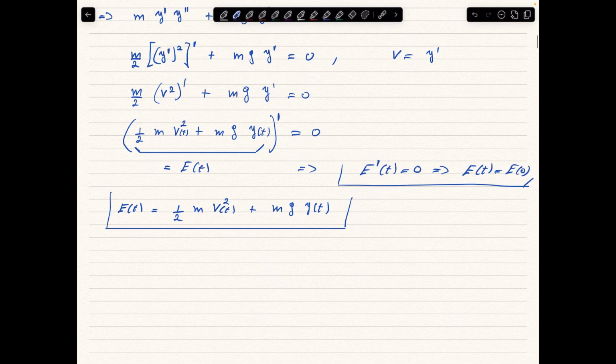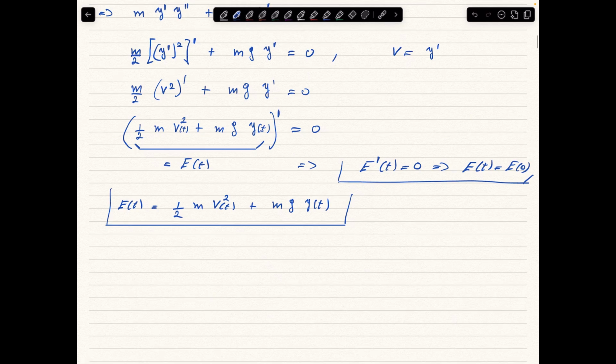Very easy, because the energy at any time, 1/2 mass times velocity squared, plus the mass times acceleration of gravity and the position at any time, has to be equal to the initial energy.